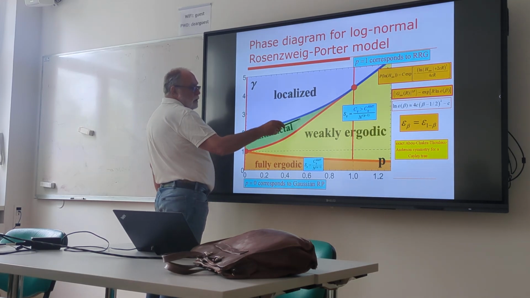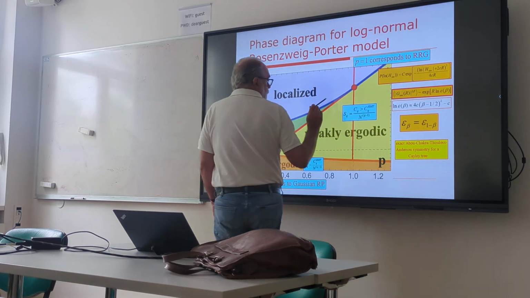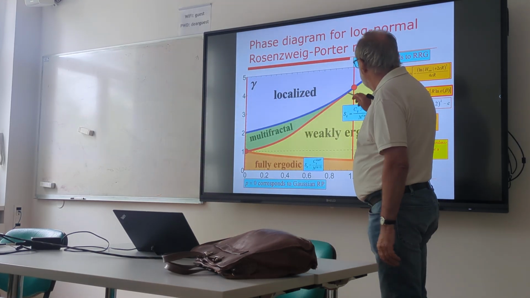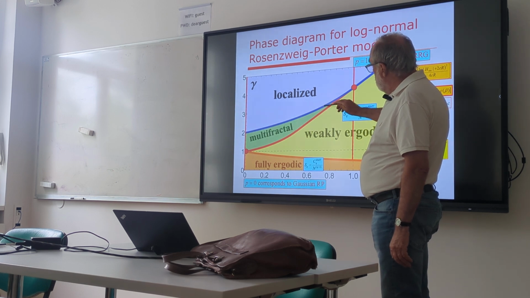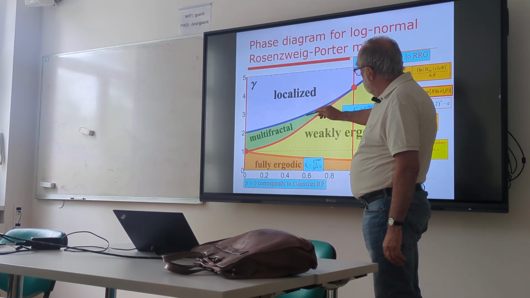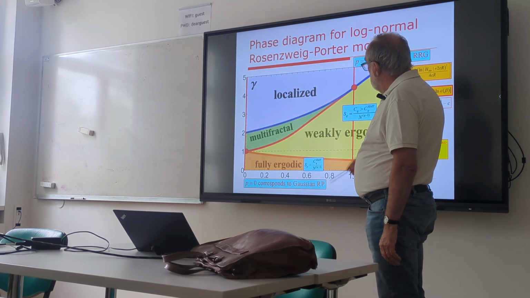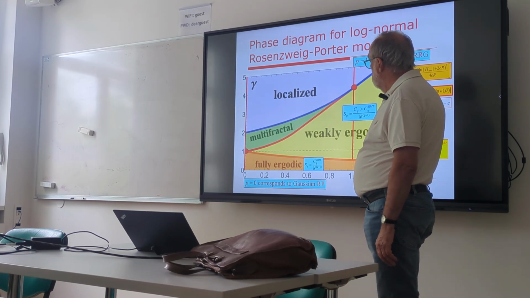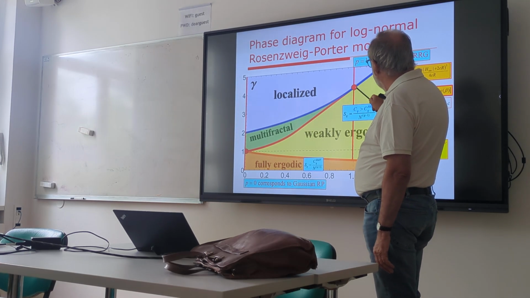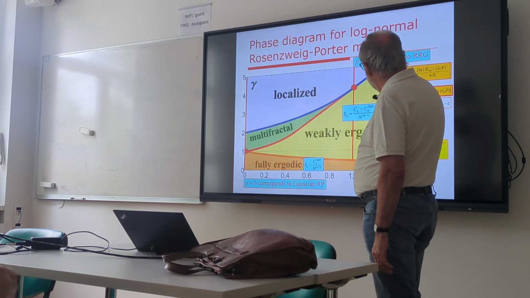It becomes narrow, narrow, narrow, until it vanishes altogether. And so the curve of the transition between the multifractal and localized phases and the curve of the transition between the multifractal and ergodic phases merge together, and then there is only one transition.